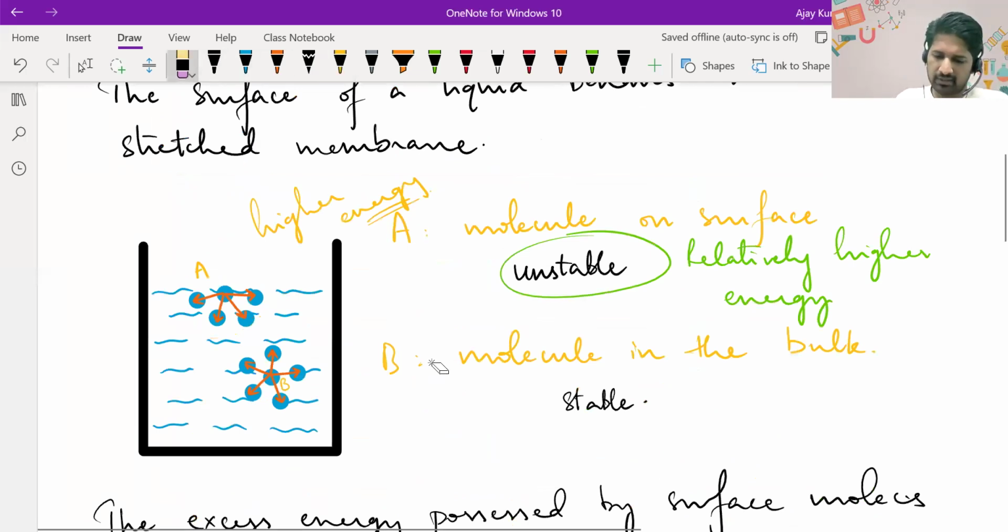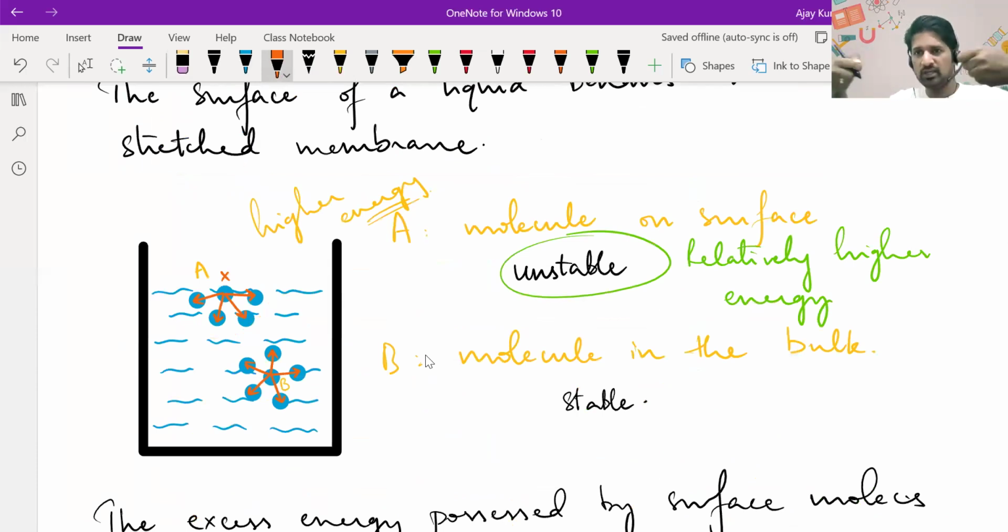For example, we considered this molecule here, let's call it X. X was being pulled on one side by one molecule, on the other side by another molecule. So it has pulling forces on either side. It is attracted to the adjacent molecules. Similarly, you consider another one here. These two also will be attracting each other. One force acts this way, one force acts this way.